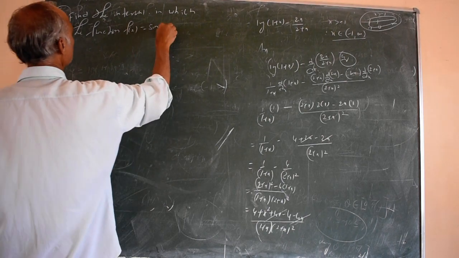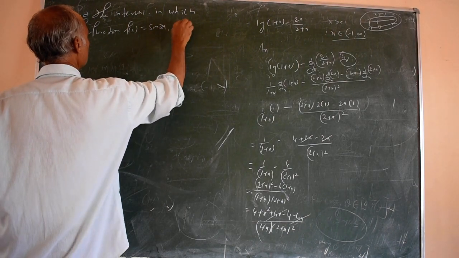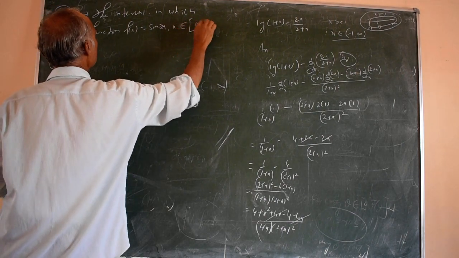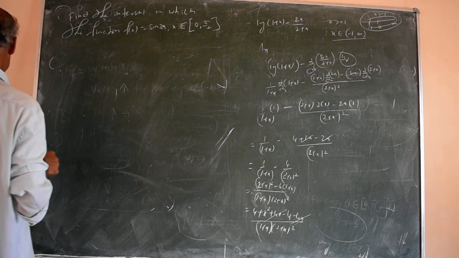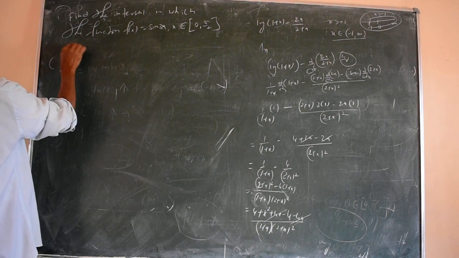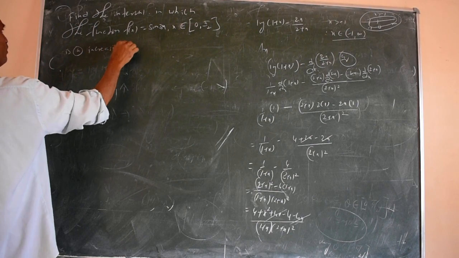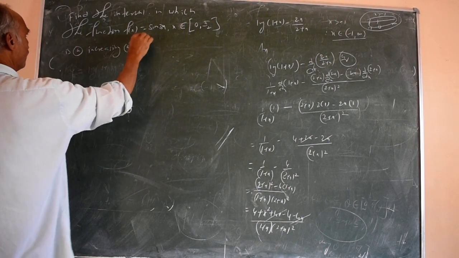x belongs to 0 to pi by 2 closed interval, is (A) increasing, (B) decreasing.